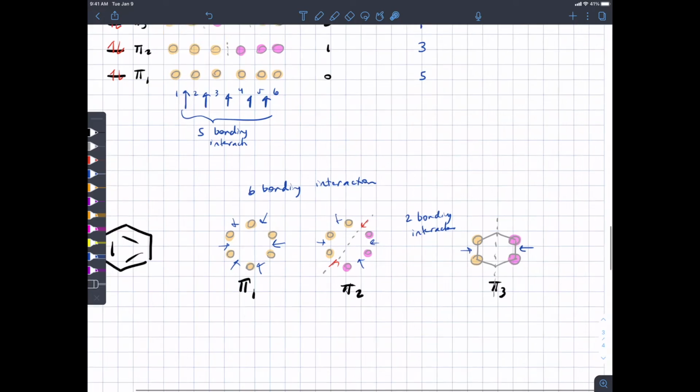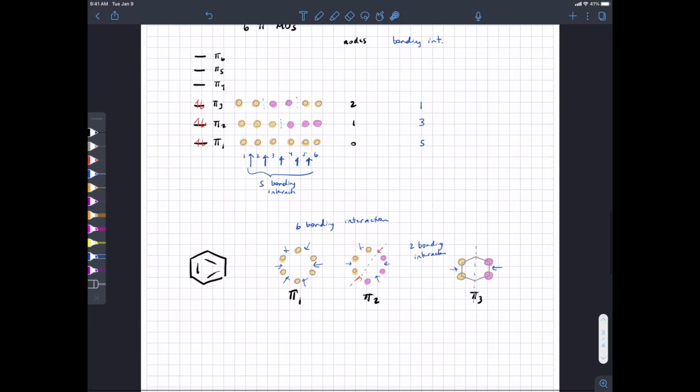So if you are ranking orbitals in energy by counting nodes and or bonding interactions, one of the things you would conclude is that pi 2 and pi 3, whereas they were different in energy here, they share the same number of nodes here and the same number of bonding interactions, and therefore they are equal in energy.